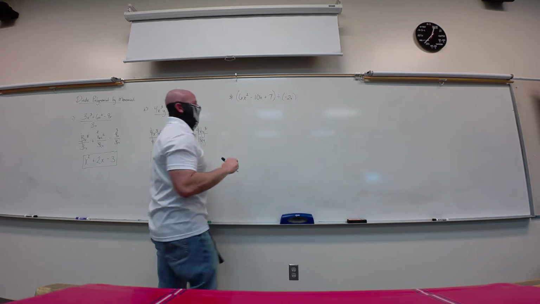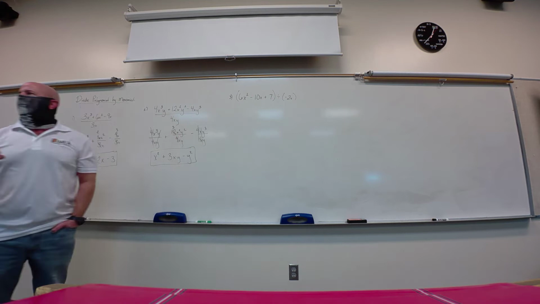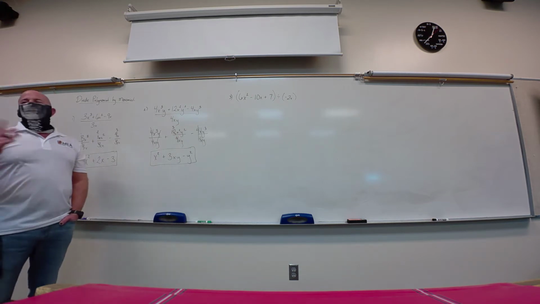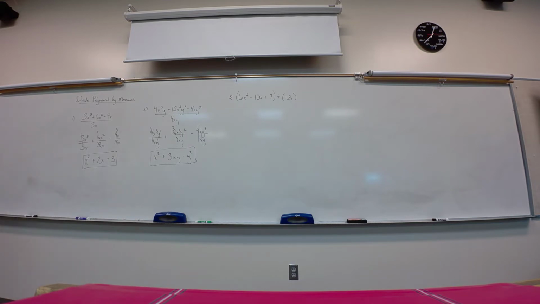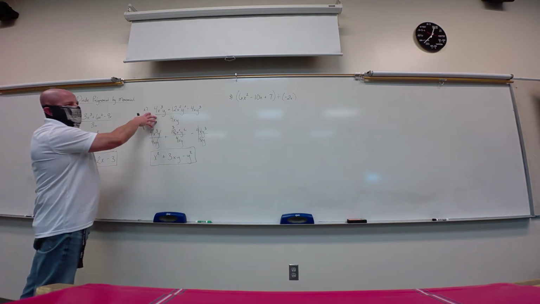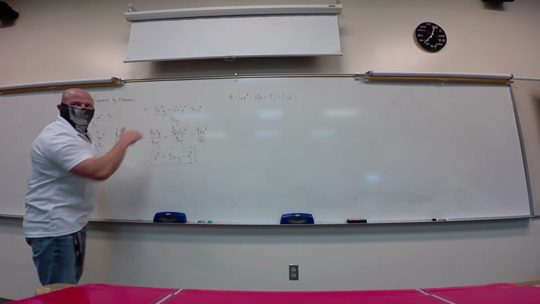A lot of times we'll see it written in a linear division format. This is really the same thing we had in the first two problems. I just don't have the negative 2x underneath. So you can rewrite it like this, or go straight to looking at the individual pieces.